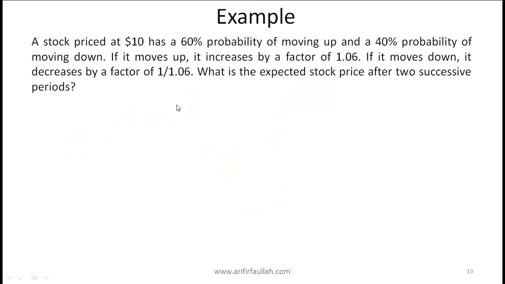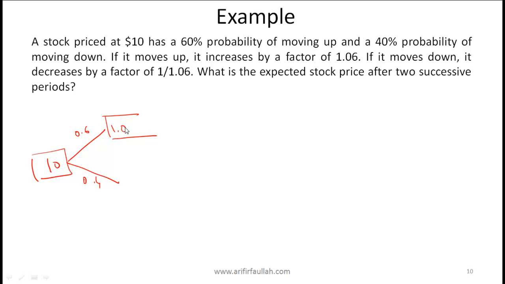So take an example. Let's say a stock is priced at $10 and has a 60% probability of moving up, 40% probability of moving down. So 0.6, 0.4. If it moves up, it increases by a factor of 1.06. So if it moves up, then the price would be 1.06 times 10.